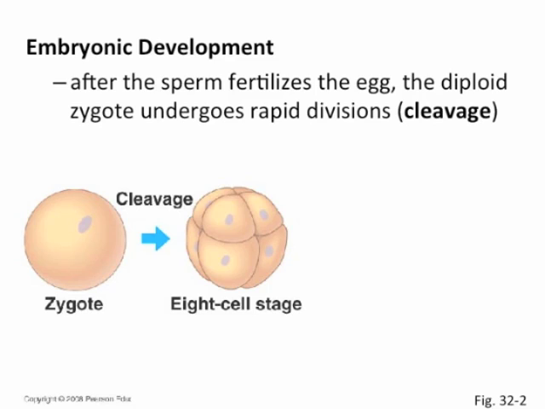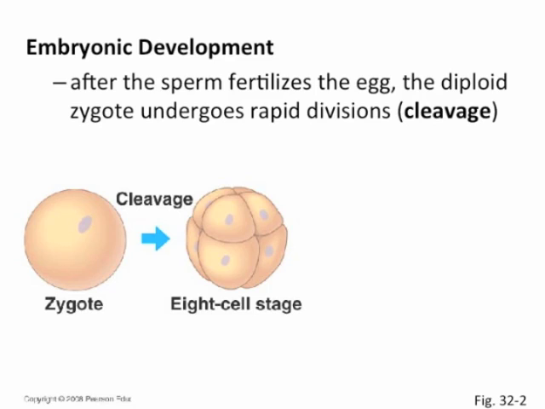The zygote is then going to go through mitosis. It's going to go through some cell division. And at first, it just divides, and it actually doesn't do much growing. It just divides and stays the same size. So it divides from 1 cell to 2, 2 to 4, 4 to 8. So this would be what an 8-cell stage embryo looks like. This is a process called cleavage.